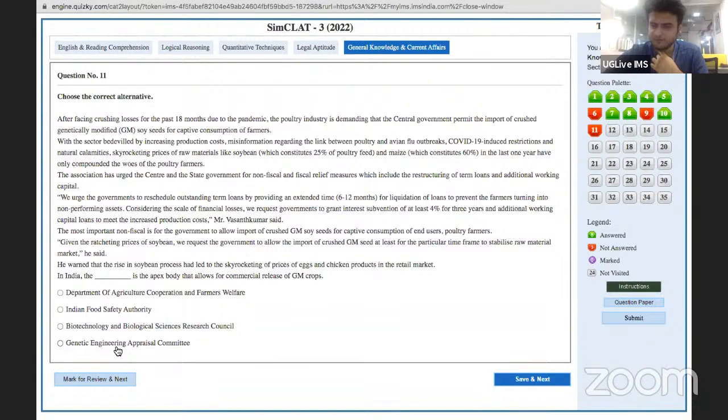Help me out here. Genetic Engineering Appraisal Committee or Department of Agriculture Cooperation and Farmers Welfare, which is the apex body that allows for commercial release of genetically modified crops. What do you think should be the answer here, guys?